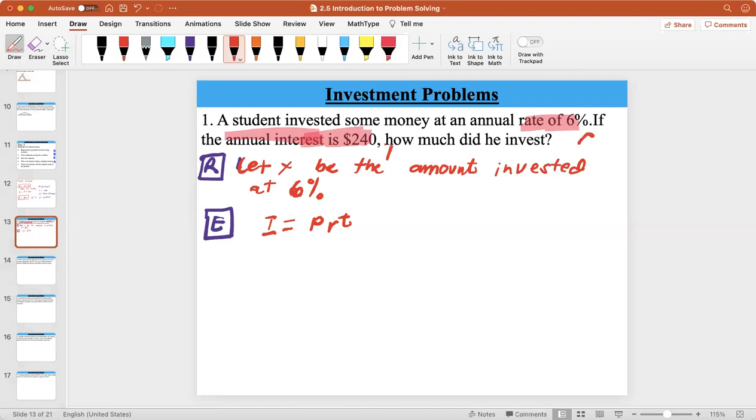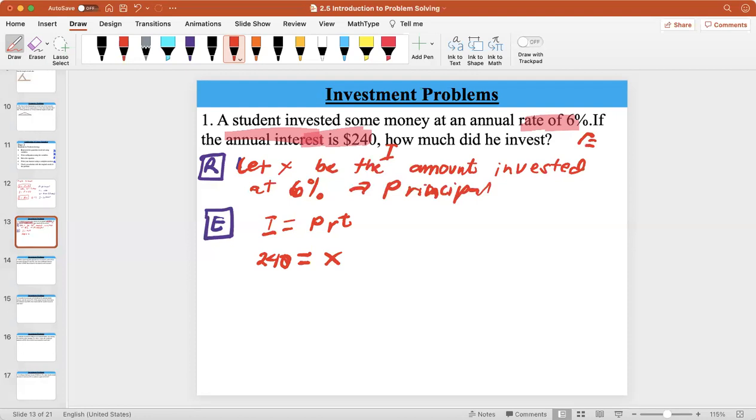So in order to find the equation here, we can plug in what we have. The annual interest is 240, so that is your I. 240 equals the principal, which is unknown. The x here is your principal. The amount of money you invest is the principal. And the rate, 6%, is equal to what decimal?